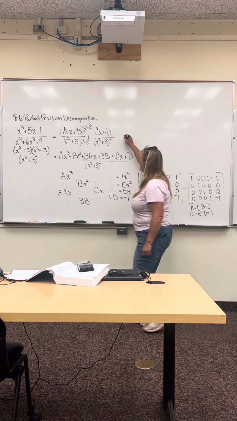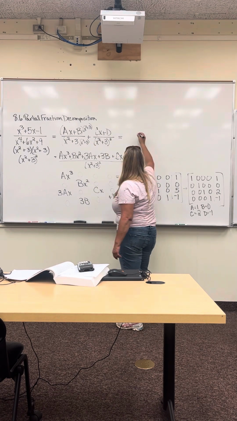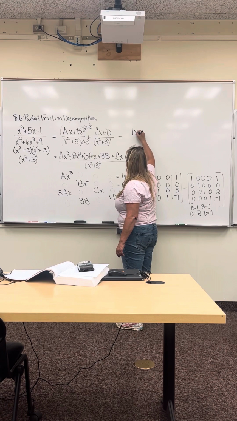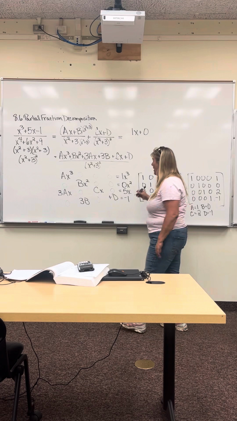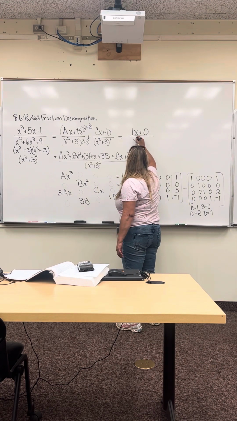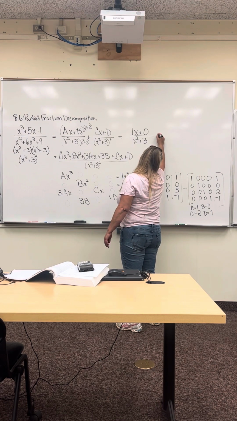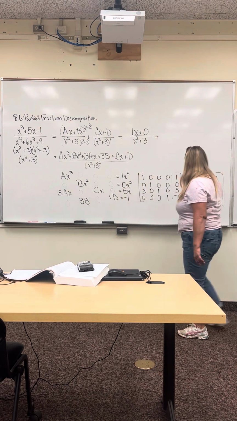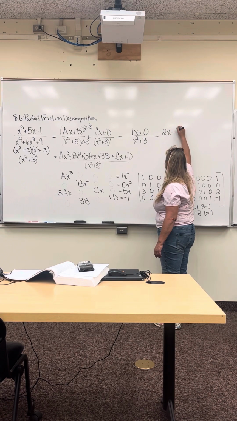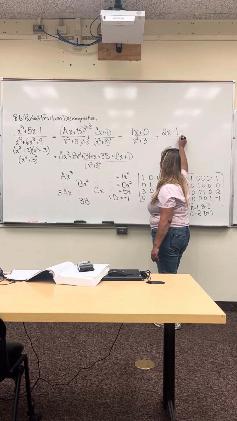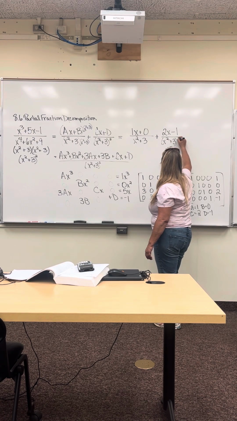So we're ready to go back up here and say that the A is 1, so it'll just be 1x, and the B was 0, so it's going to be 1x plus 0, which we don't really need to write, over x squared plus 3, and plus Cx, so the C is 2, so 2x, and the D is -1, over x squared plus 3 squared.